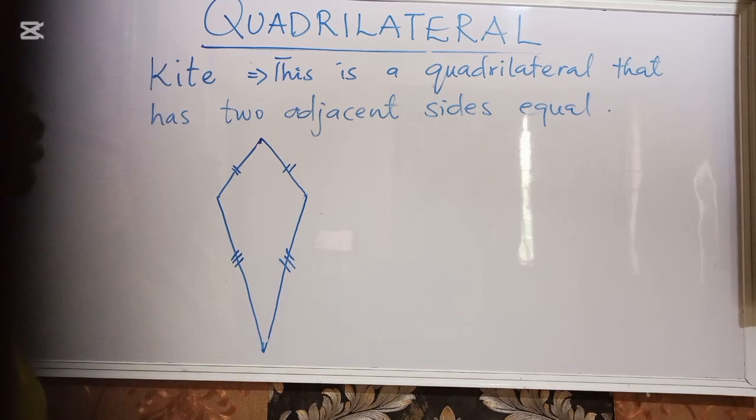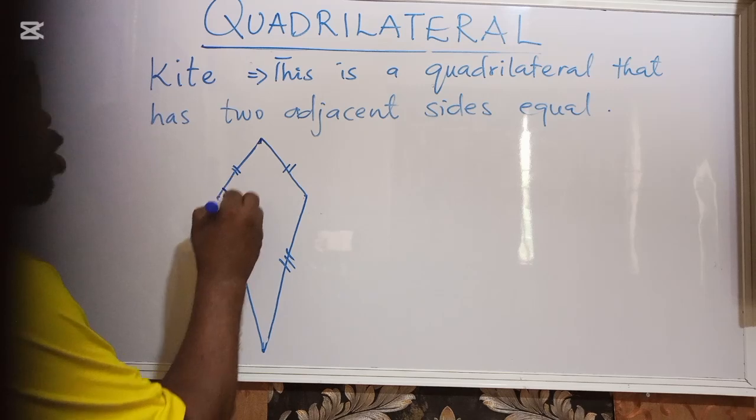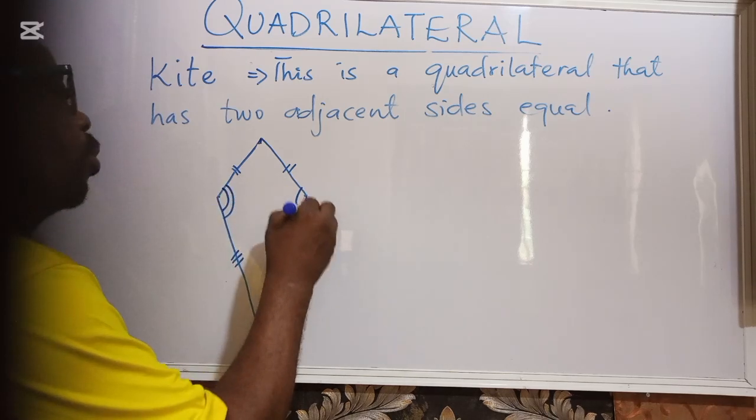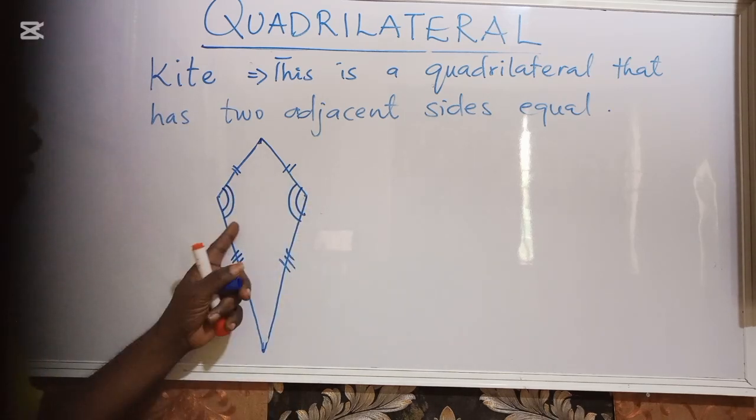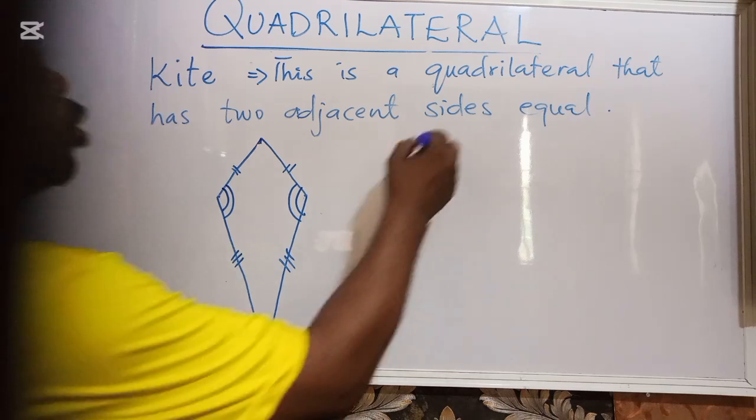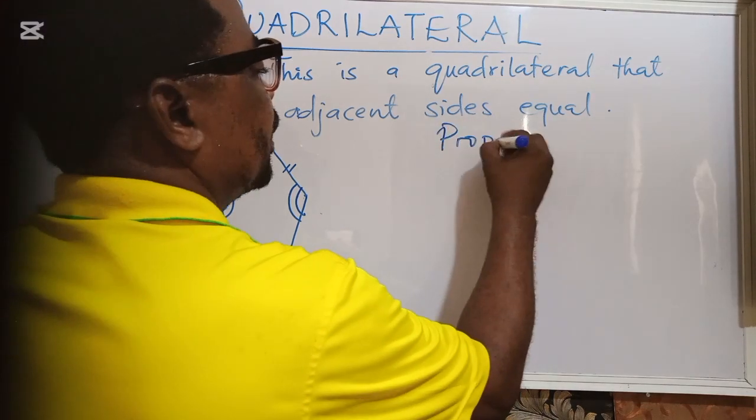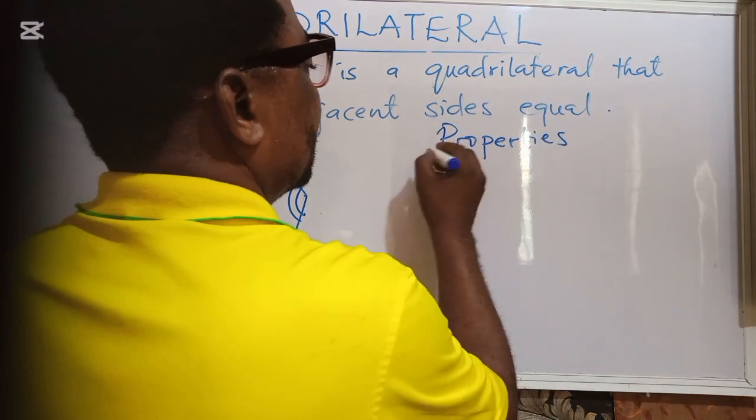And now let us talk about the properties of a kite. But before I go into that, these opposite angles are equal. Can you see it? These opposite angles are equal. Properties of a kite.